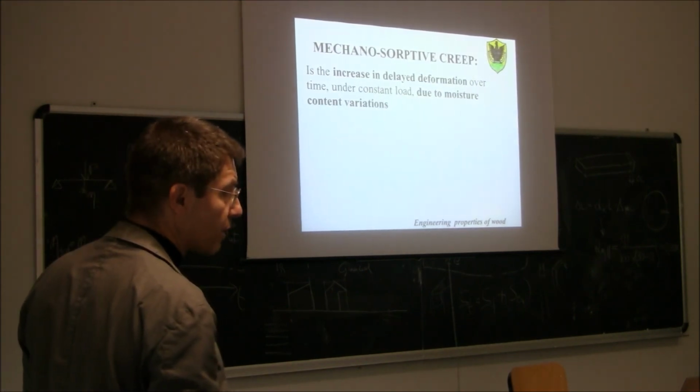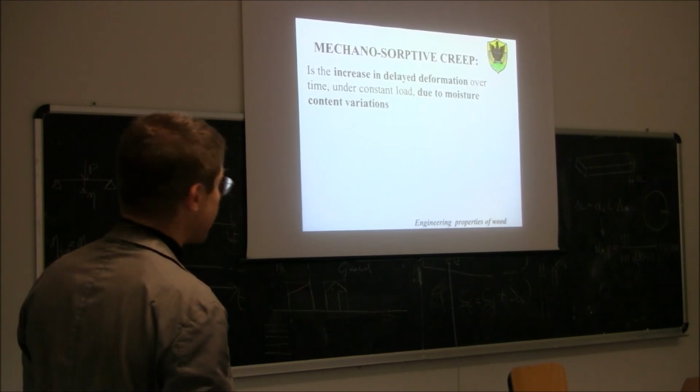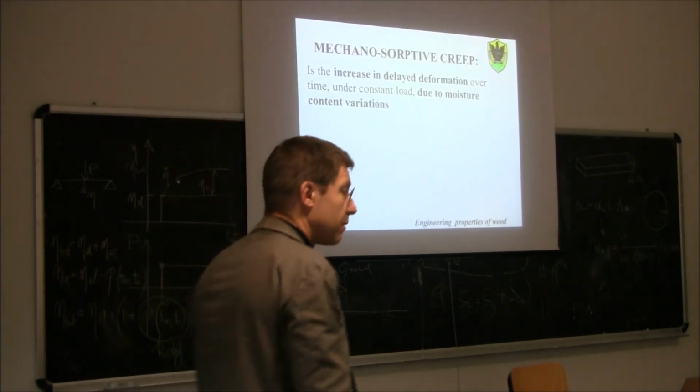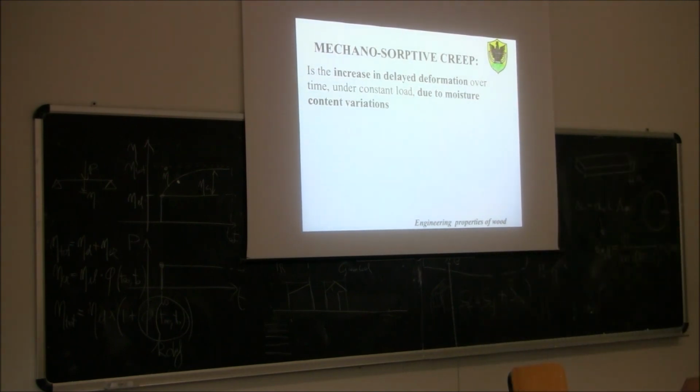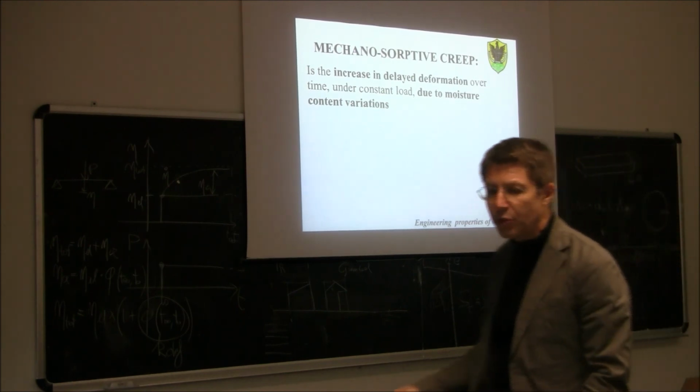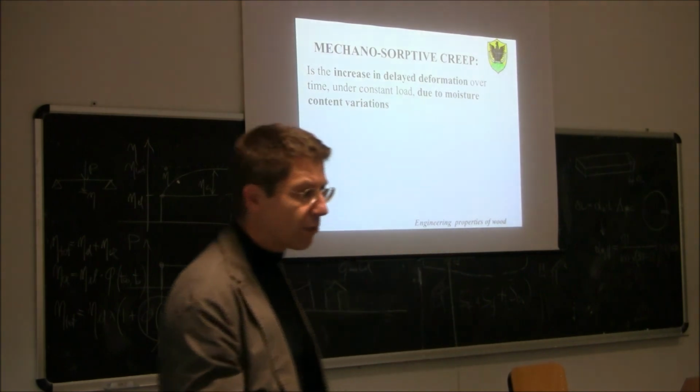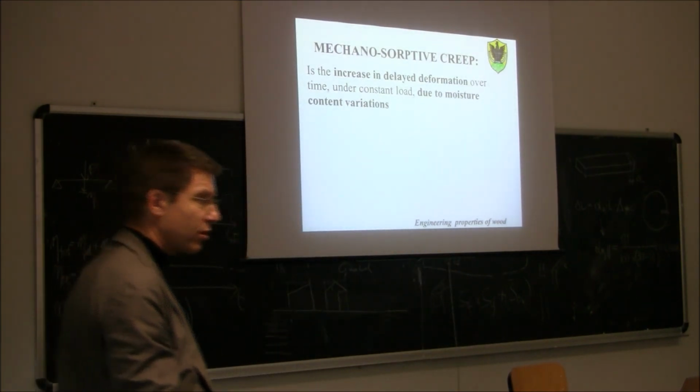Now just to conclude, strictly speaking, as I was saying before, creep is a very complex phenomenon because you have what is called mechanosorptive creep. What is mechanosorptive creep? Basically, it's an increase in creep due to moisture content variation. The creep test is usually performed with constant environmental humidity, so constant moisture content.